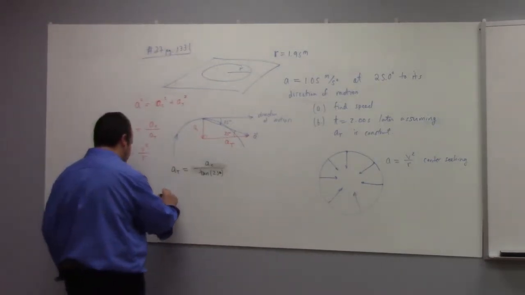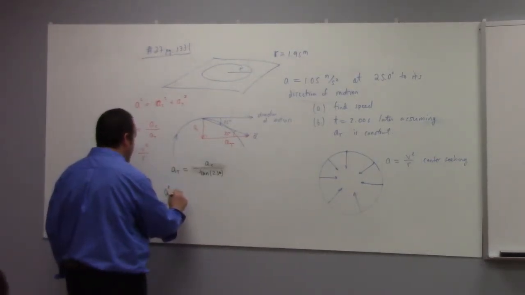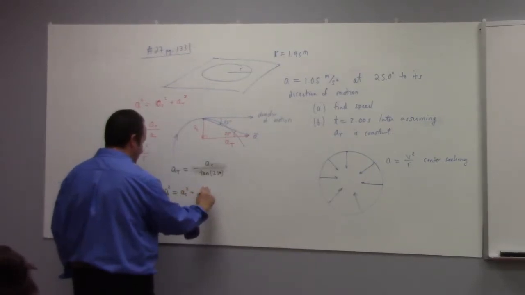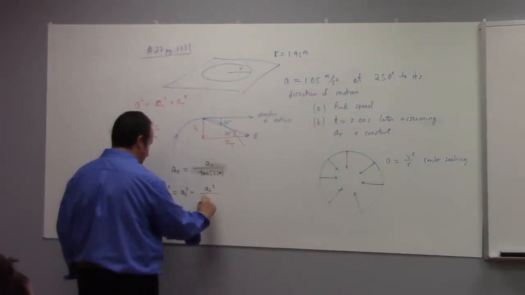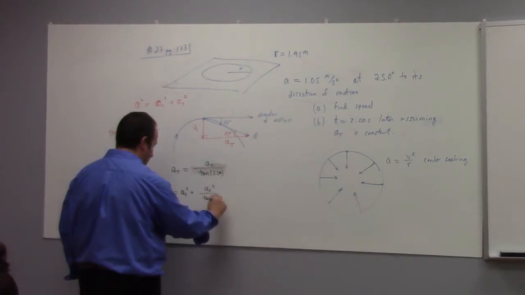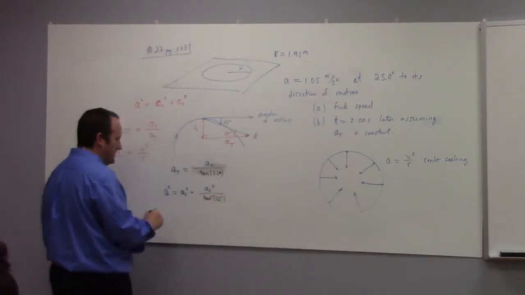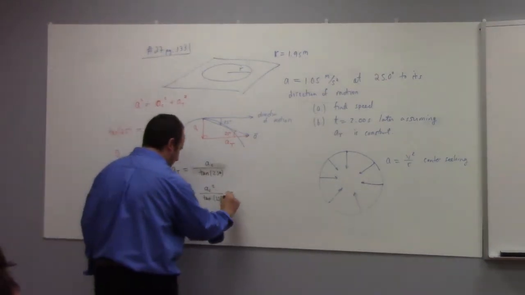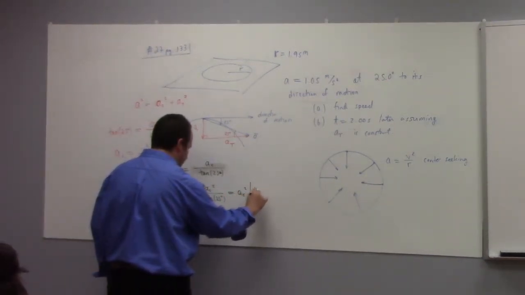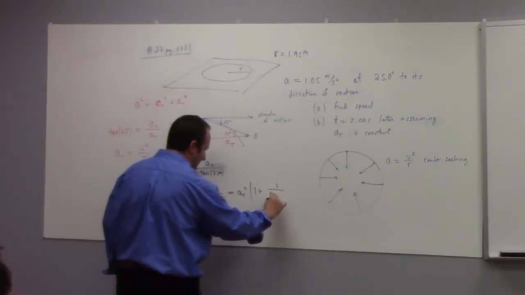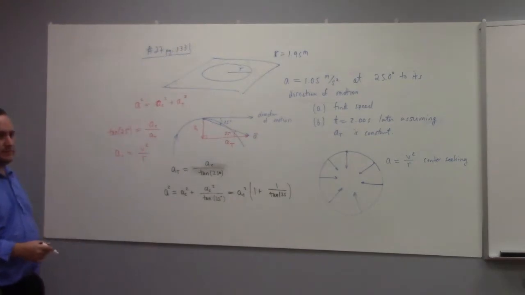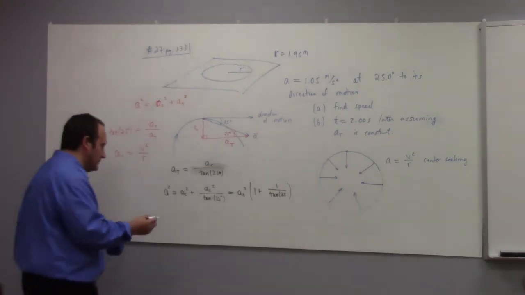And so we've got a squared is equal to AC squared plus AC squared divided by tangent 25. I'm an idiot. If you look at that, we've got AC squared times 1 plus 1 over tangent of 25, yeah? So what do we know?